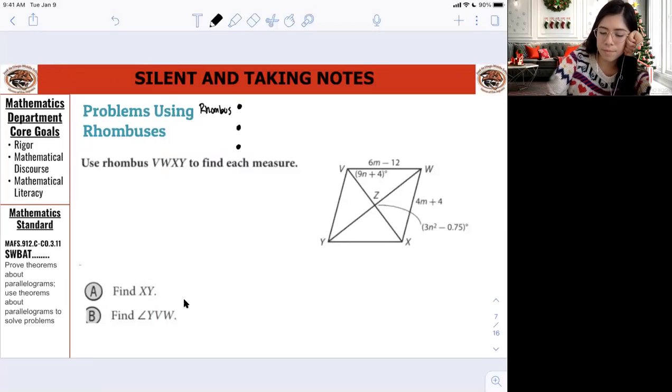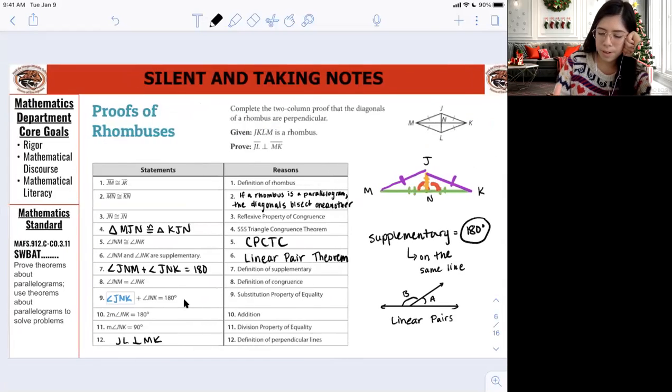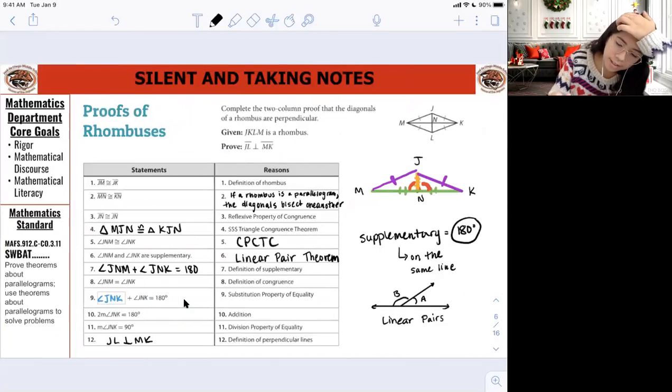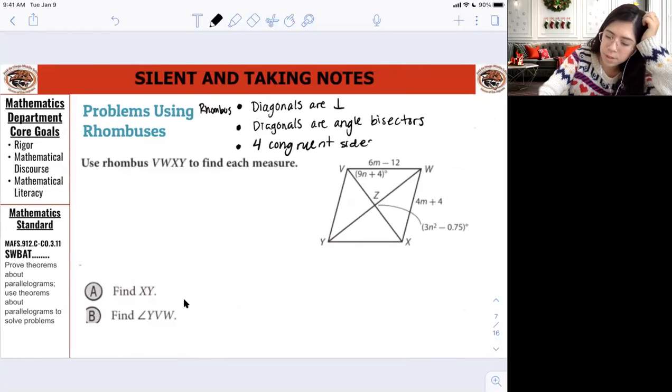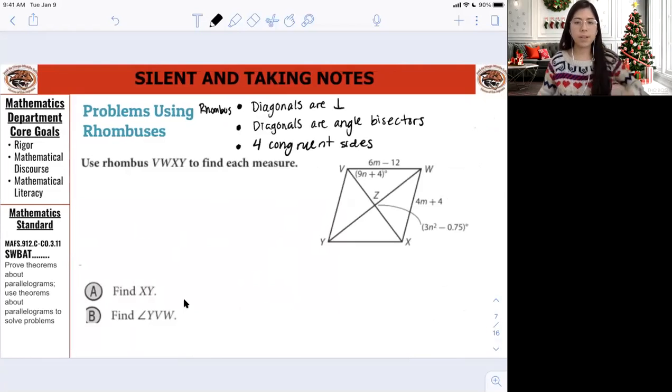If a parallelogram is a rhombus, then its diagonals are perpendicular. If a parallelogram is a rhombus, then each diagonal bisects a pair of opposite angles. Good. And I forget what I had written. Oh, that it has 4 congruent sides. Okay, just bringing that back to remind ourselves.